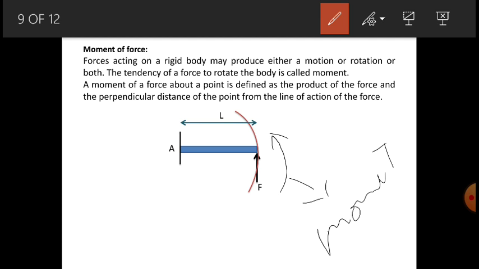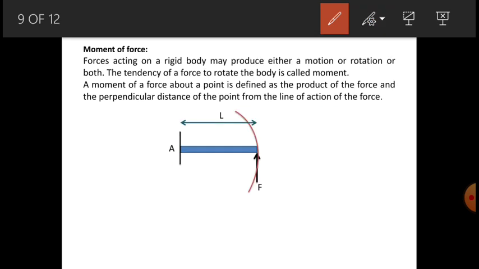One more thing: as the application of force is nearer to the fixed end, it might be here, it might be here, the force requirement is more and the moment goes on reducing. As you go nearer to the fixed end, the force required for the moment is higher, and the magnitude of the moment goes on decreasing.